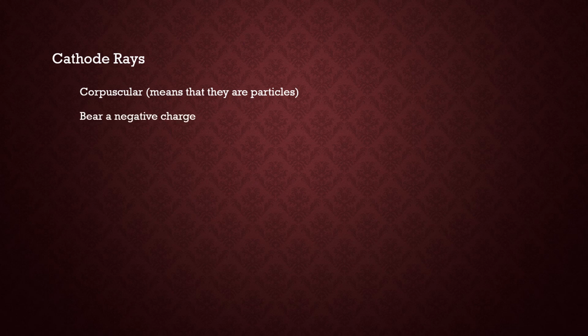So the upshot of all of this, the cathode rays are corpuscular, which is an old term meaning that they are particulate in nature. They bear a negative charge, and that's determined from the deflection experiments and the direction the beam is deflected in relationship to the orientation of the electric field.